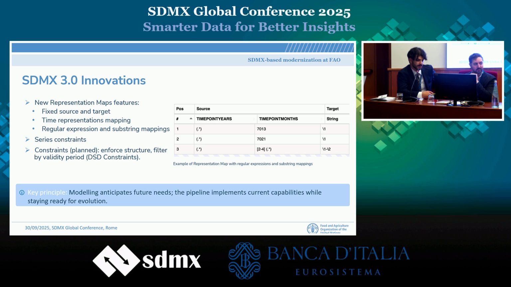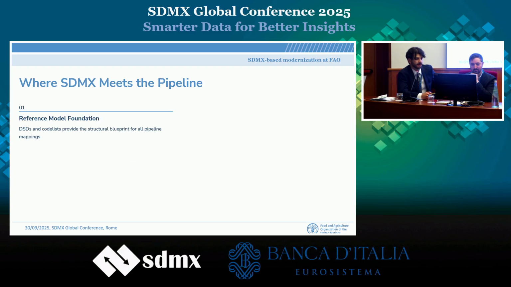And on the data modeling side, we're also planning to apply constraints on the DSD, which are one of the latest innovations in SDMX. And where does SDMX play a role in the pipeline? Well, of course, the first thing is to create the structures to describe the data. So we create DSDs and code lists to describe the data at all stages of the pipeline.